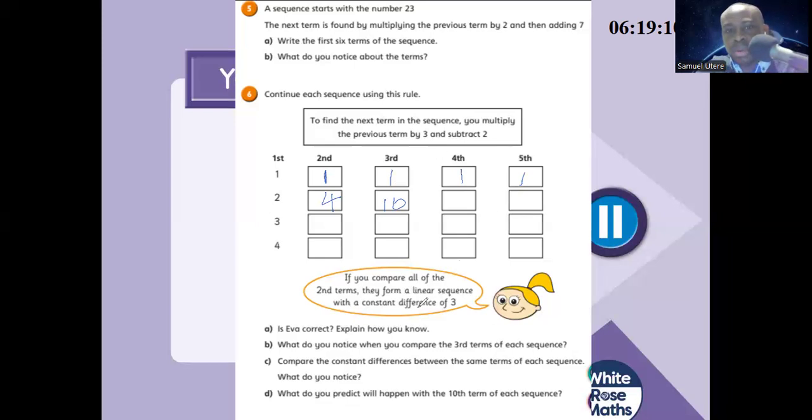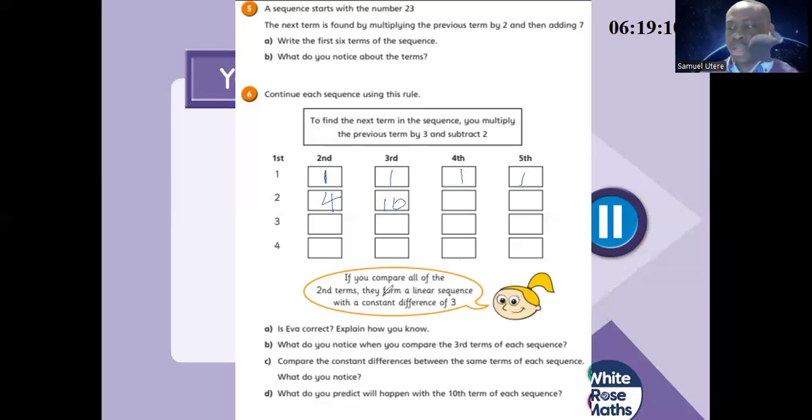All right, now what I'm going to be discussing is what the little girl said. She said, if you compare all of the second terms, they form a linear sequence with a constant difference of 3.